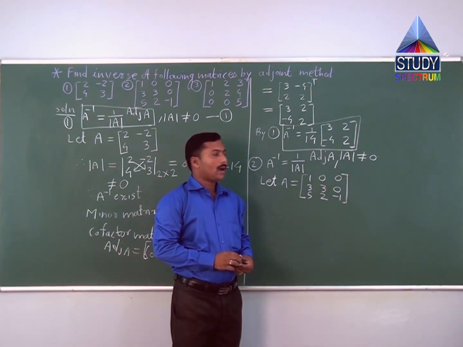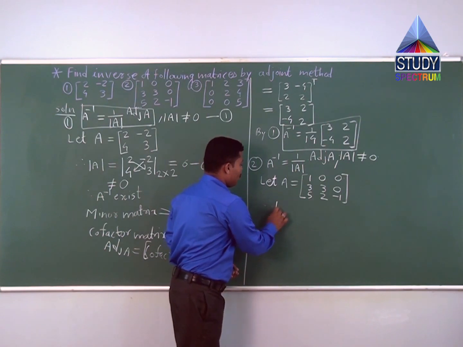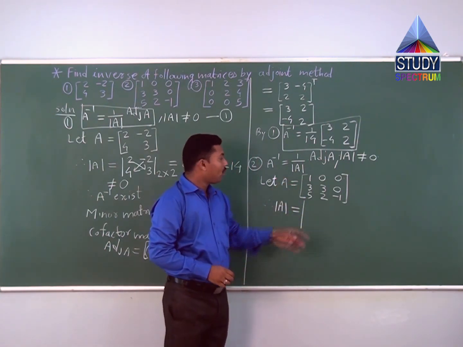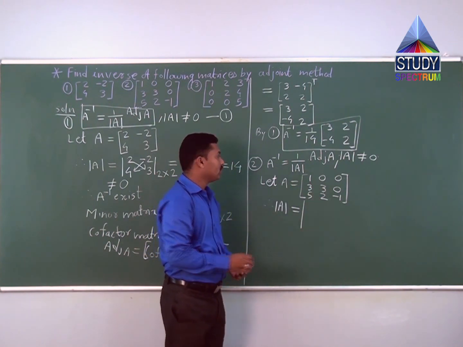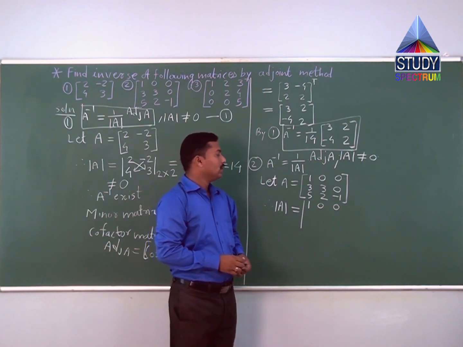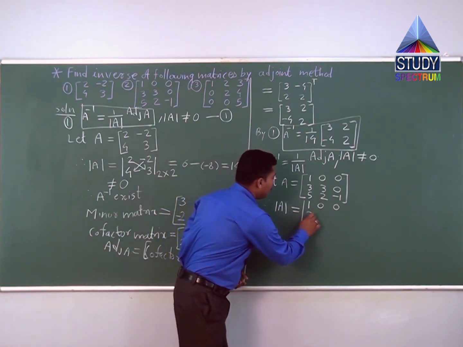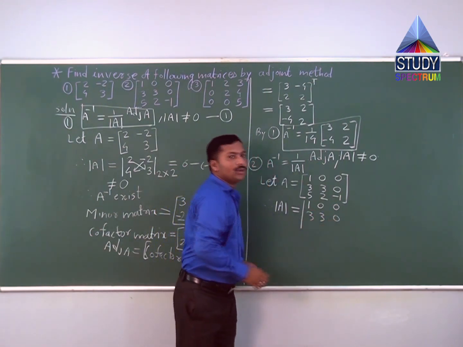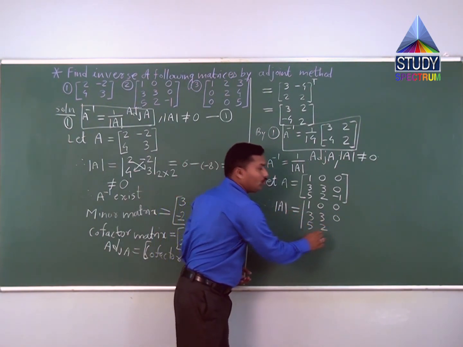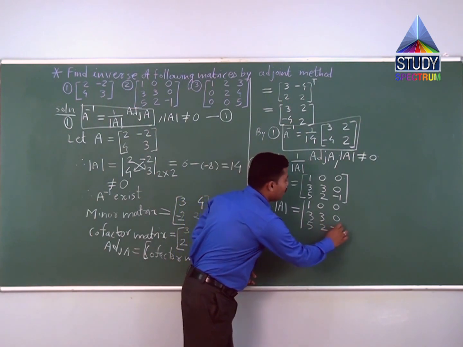So first we find the determinant. Therefore determinant A equal to, we write all numbers in the determinant notation. 1 0 0 first row, second row 3 3 0, third row 5 2 minus 1.